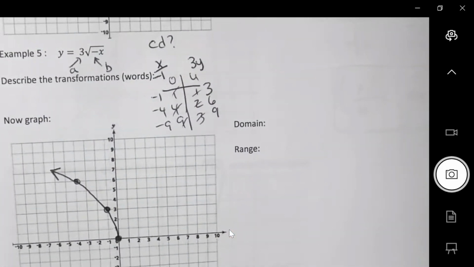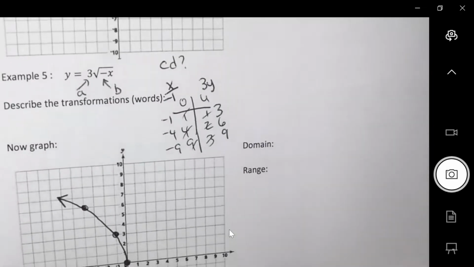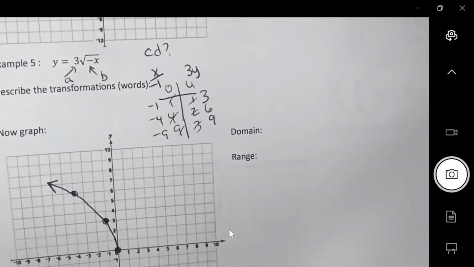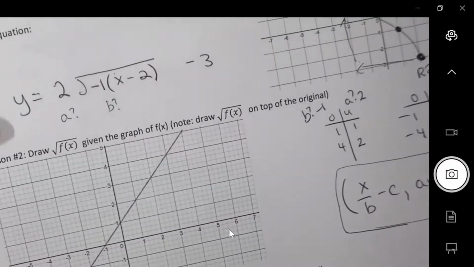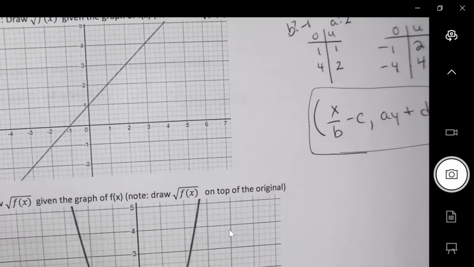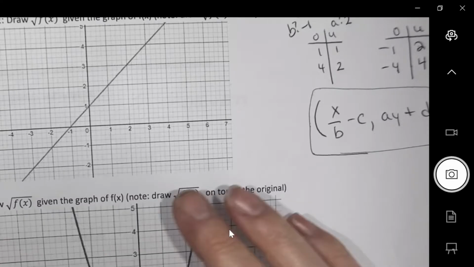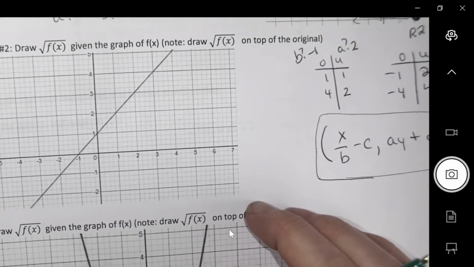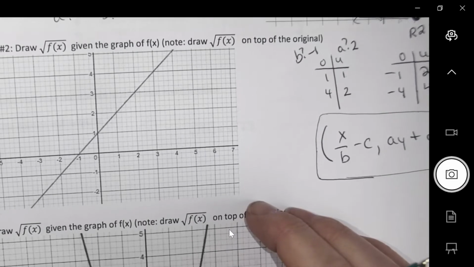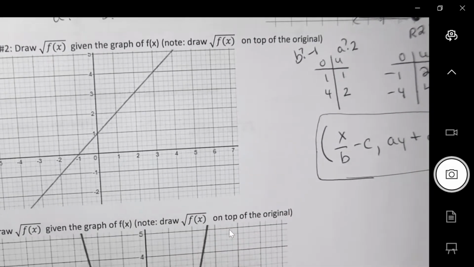That's enough points to say I know the pattern. Okay, ready. So that was what we did yesterday. Today we're going to graph the radical of the function that is graphed for me.